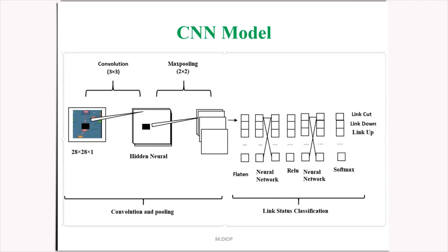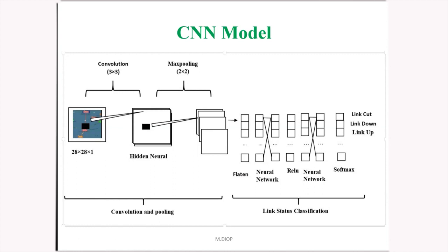A flattening layer is an operation of the convolutional network to prepare information. The result of the flattening operation is given to a neural network. The neural network is used for training our model.